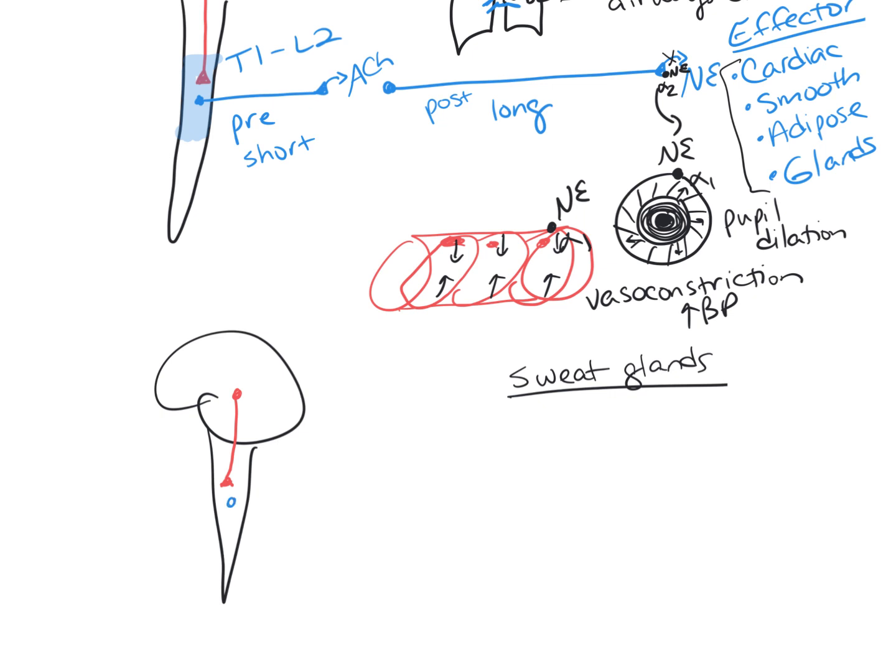Here's the preganglionic neuron exiting. And then here's the postganglionic neuron, and that neuron is going to the sweat gland. The preganglionic neuron always releases acetylcholine, and this synapse right here always occurs at what we call a ganglion.